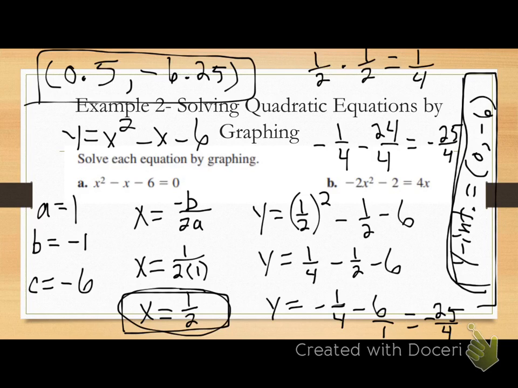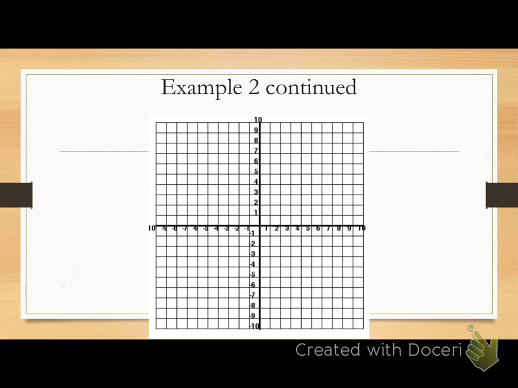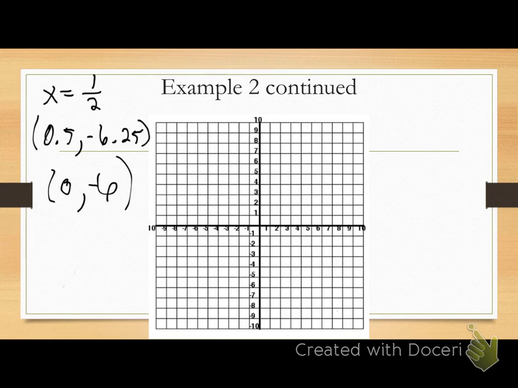Now I need to graph them. So we have 0.5, negative 6.25, x equals 1/2, and my y-intercept is 0, negative 6.